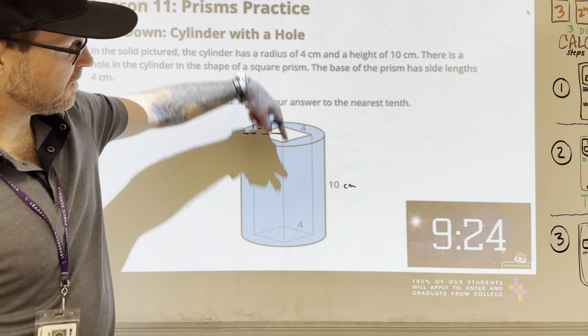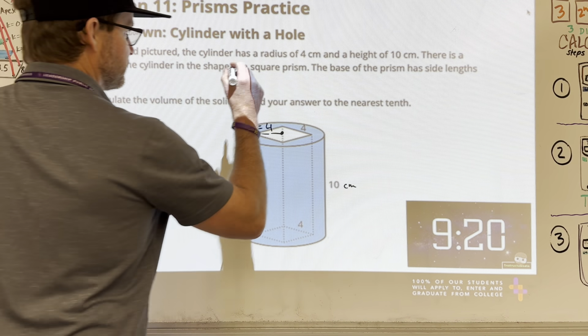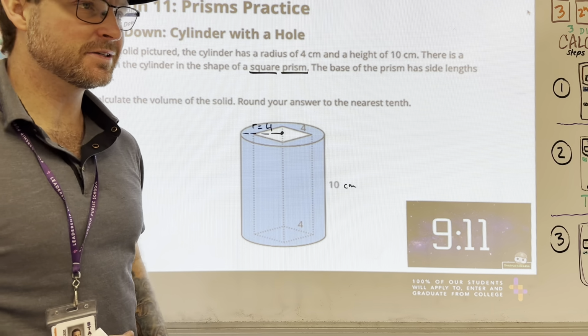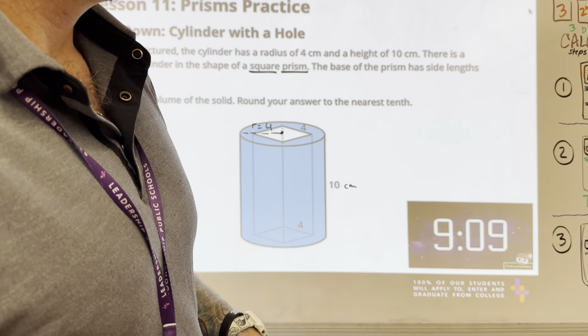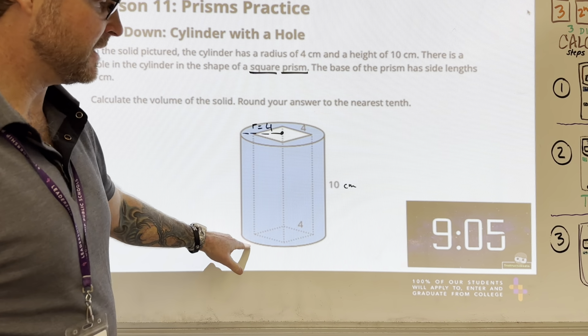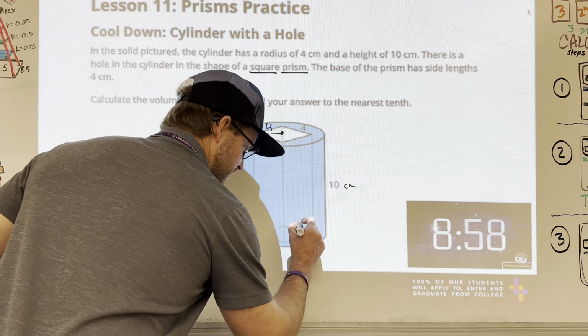There's a hole in this cylinder that's in the shape of a square prism. So you can see this white space right here. That's in the shape of a square prism, like the attachments in a socket wrench set. But anyway, the base of the prism has side lengths of 4.